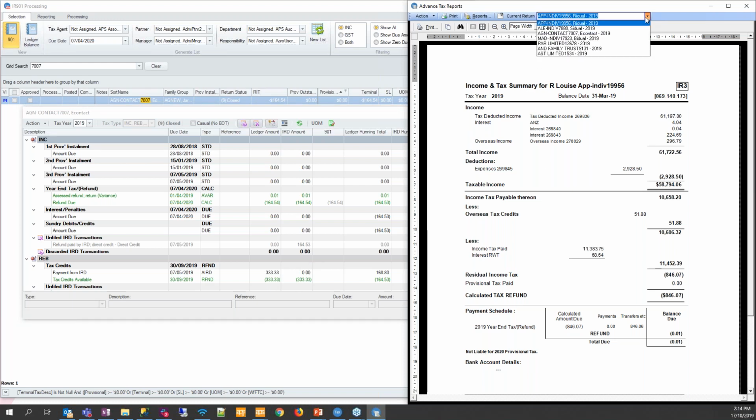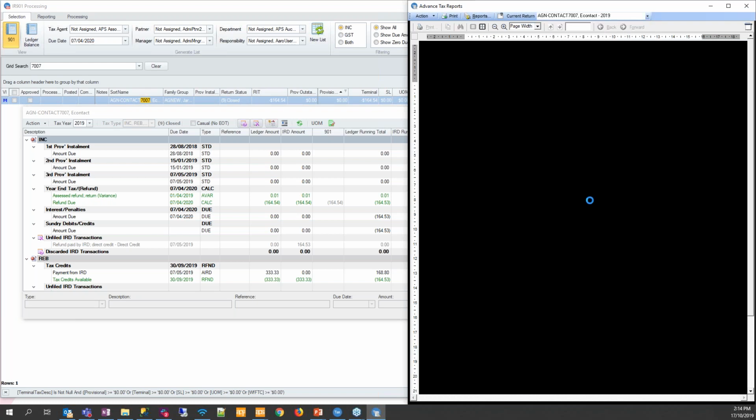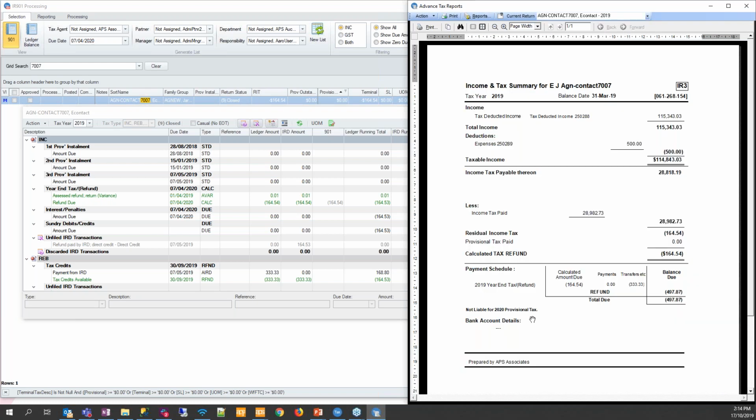So if we just go and have a look at that particular example, where are we? 7007. So you'll see that the 164.54 is the refund value, or the residual income tax value, that is now shown as our year-end total.